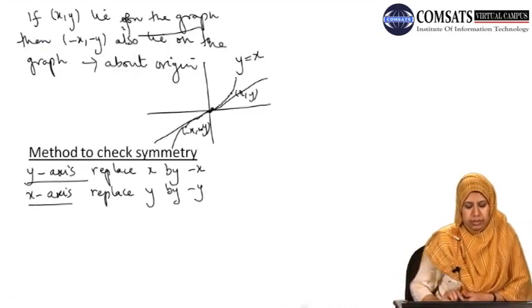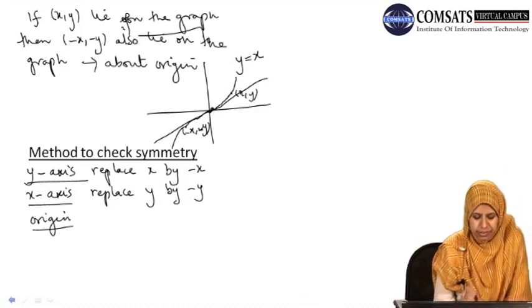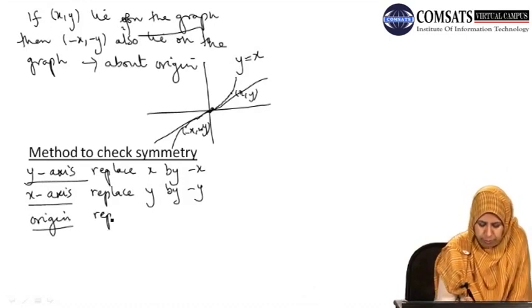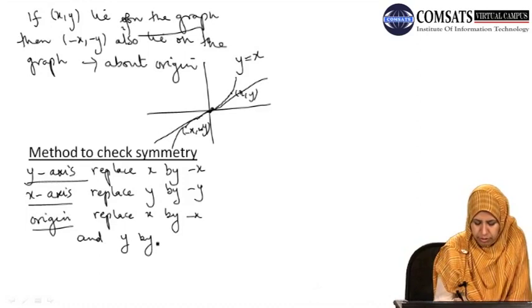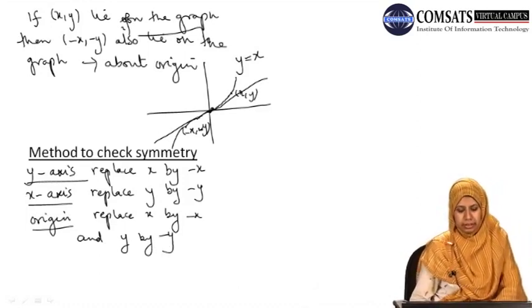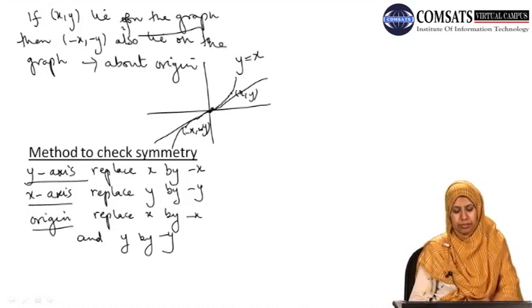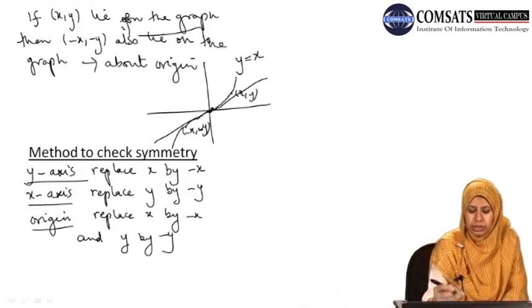Okay, symmetric about the origin. In this case, we replace x by -x and y by -y. Then by replacing, if we obtain our answer the same, then the given graph will be symmetric about the origin.